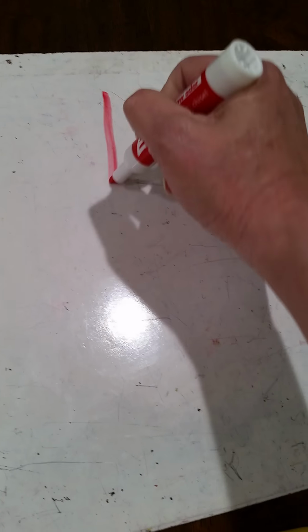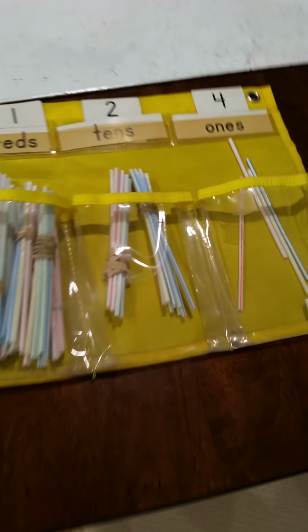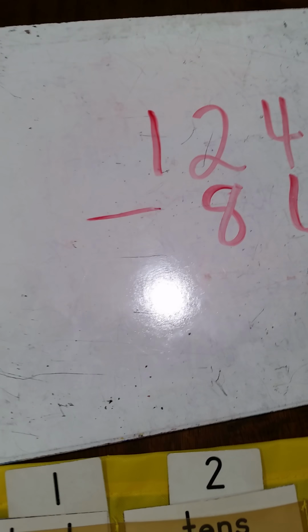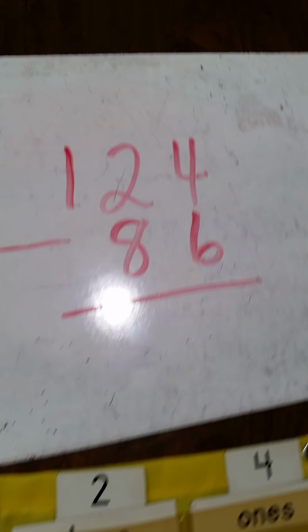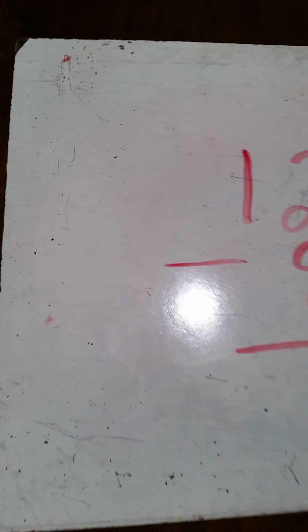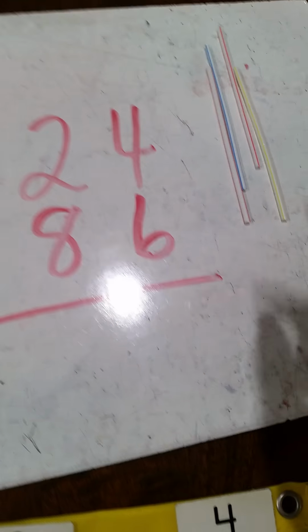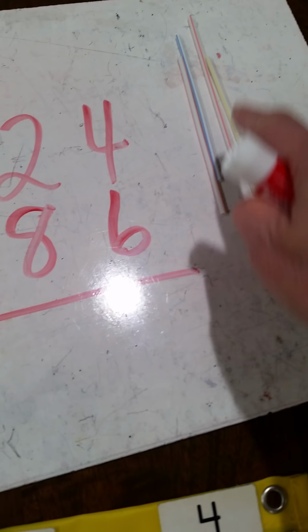Okay, let's use our number of the day, 124. I'm going to have to move it down because I need a lot of room at the top. That's our number of the day. We're going to use that. Minus 86. Do you have enough ones to take away 6 of them? 1, 2, 3, 4.